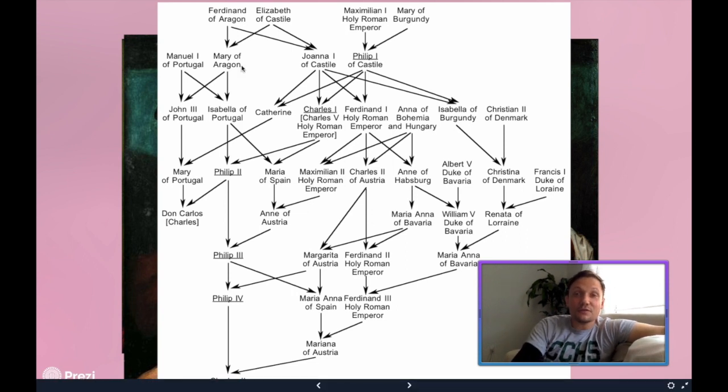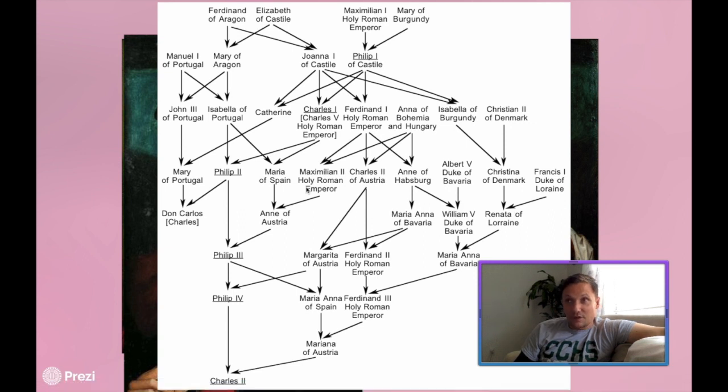So after this generation of Habsburgs, all of these people who are getting married and having children are all related. So they were keeping it in the family, marrying their cousins. And it actually led to a huge amount of genetic defects in the Habsburg family. Most notably, this thing called the Habsburg jaw, which we'll talk about later on.